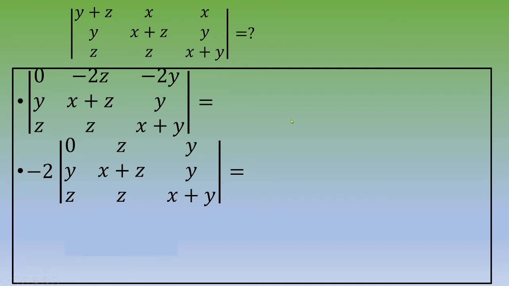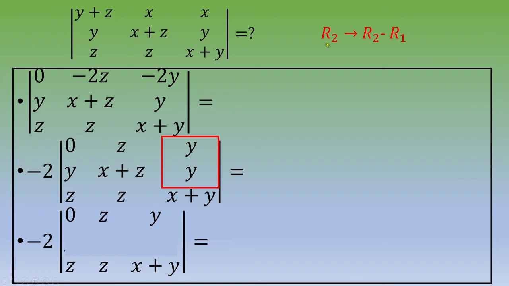Then we can notice that in column number 3, row number 1 is y and row number 2 is y. We can modify by operating on these two rows: row number 2 minus row number 1, and it will replace row number 2.